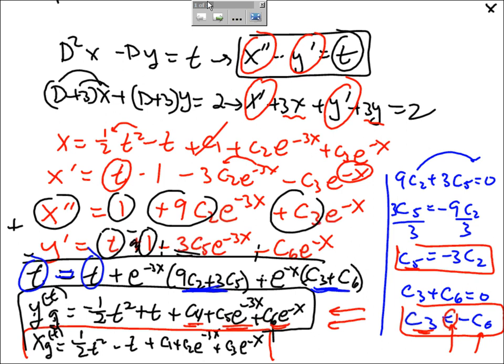Whenever you see c5, those symbols mean you can write that. Well, I see c5 right there, right where I'm erasing. Positive c5 is negative 3c2, minus 3c2.